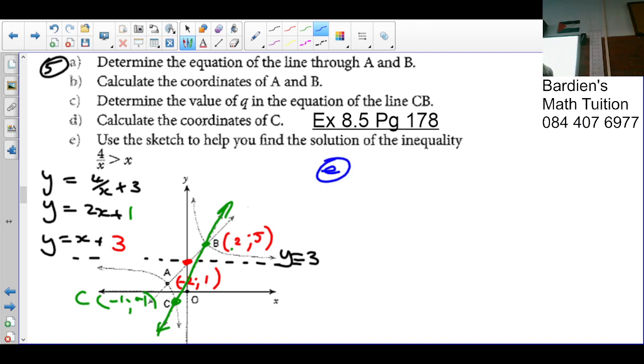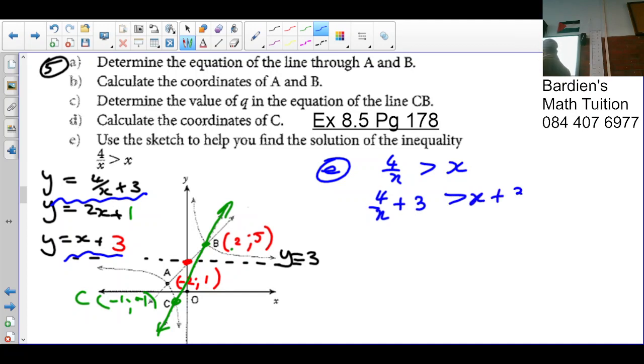Use a sketch to help you find the solution of the inequality 4 over x is greater than x. Where did we see this? We see it there and there. It's as if we are saying 4 over x plus 3 is greater than x plus 3.